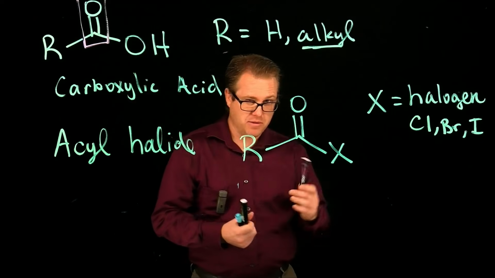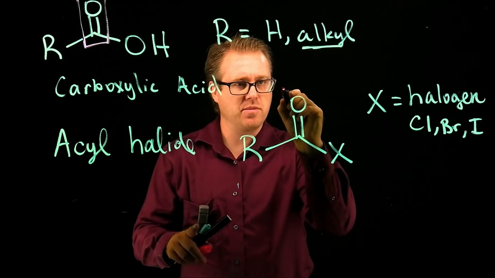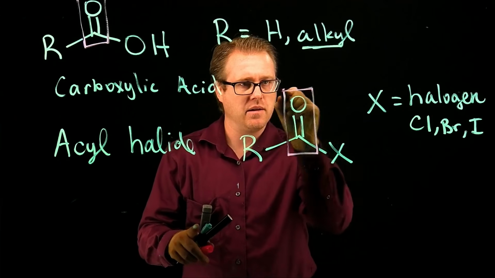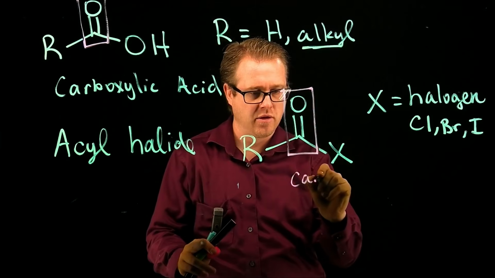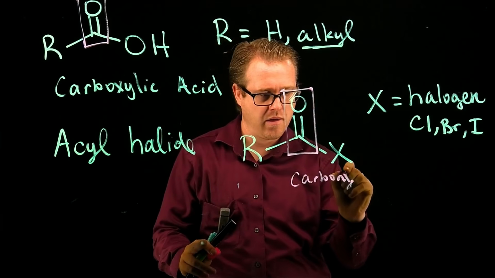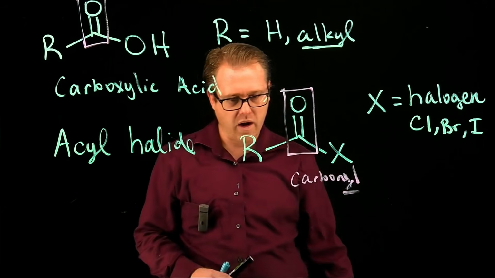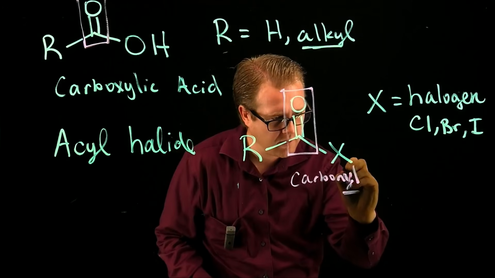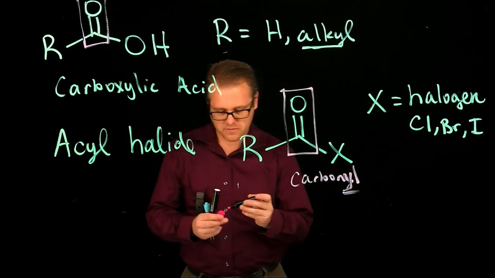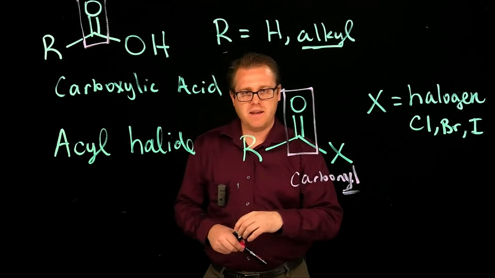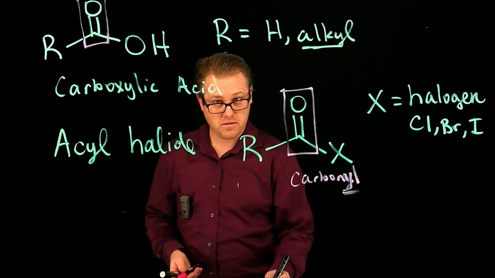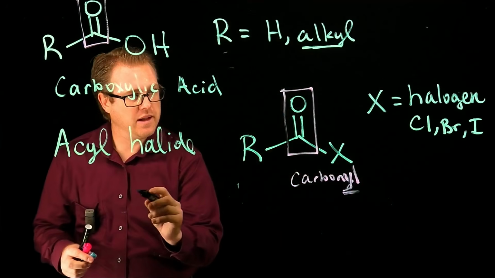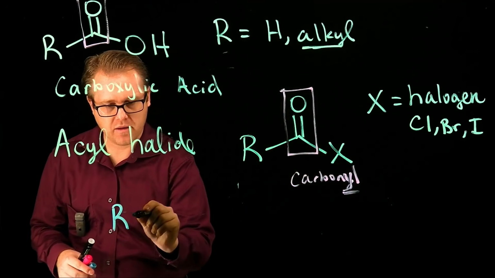So let's just recap here. What is this group right here called? That's called a carbonyl. But when this R group right here is alkyl, let's redraw this here.